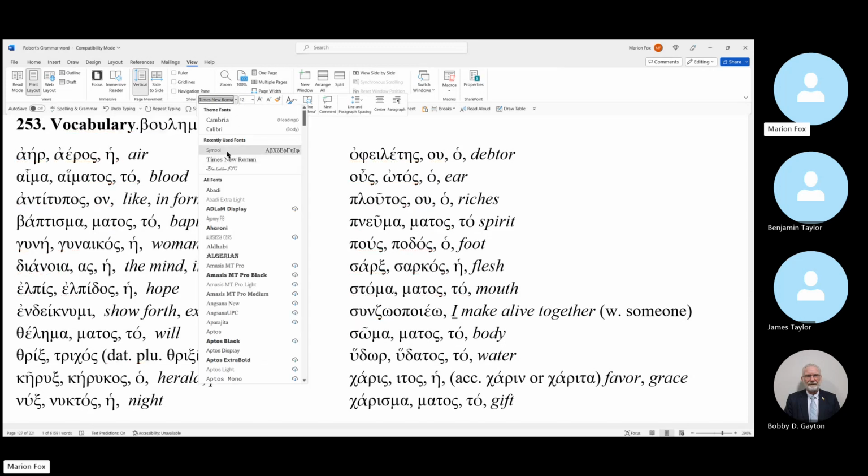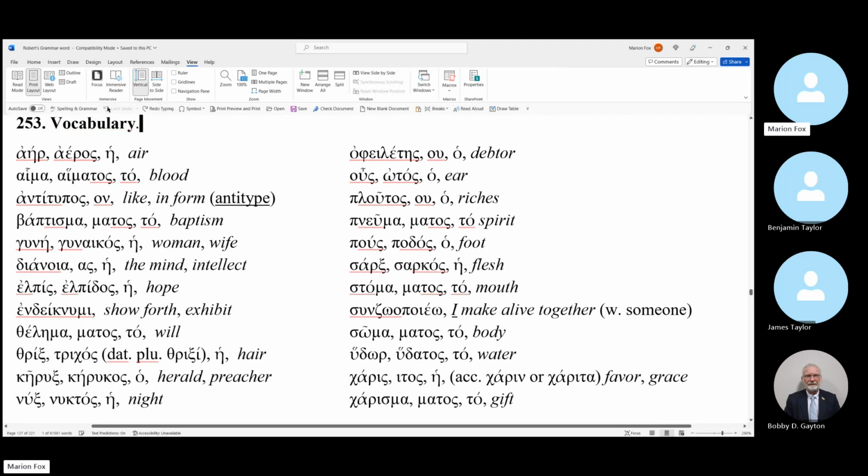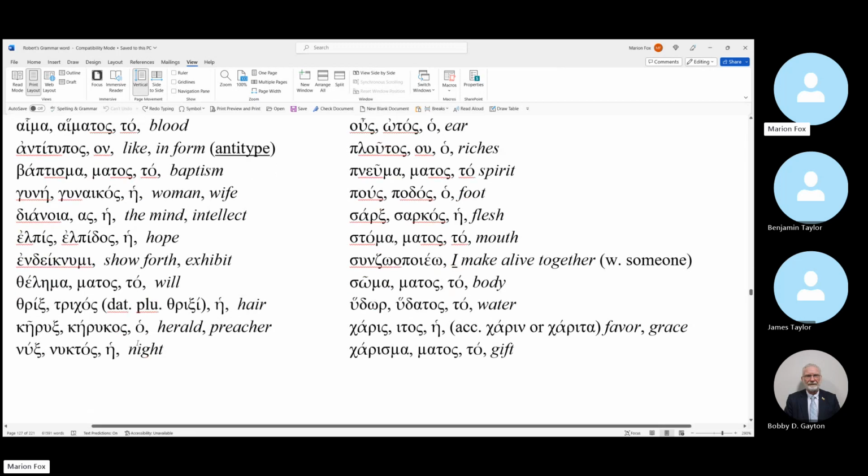Yeah, I think that's the correct spelling. This word is a synonym of thelēma, and one of them is a will that follows inclination, the other is a will that follows deliberation. Okay. So that's two wills. And of course, it's neuter, you can tell by the article.